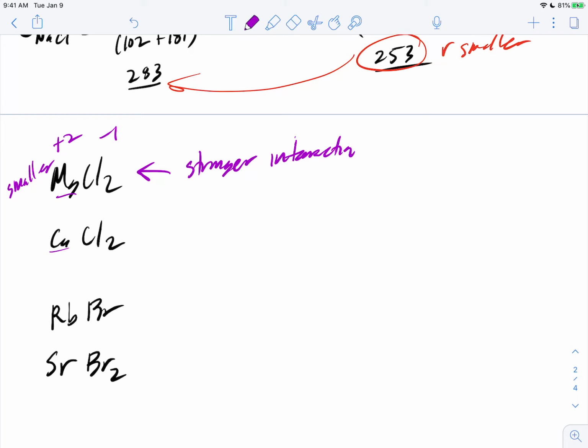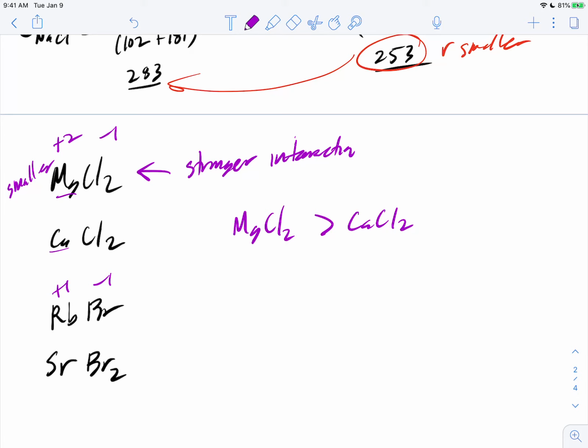So we know that magnesium chloride is greater than calcium chloride for predicting strengths. And if we look at rubidium chloride, we know it is less than either magnesium chloride or calcium chloride, simply because it's +1, -1.